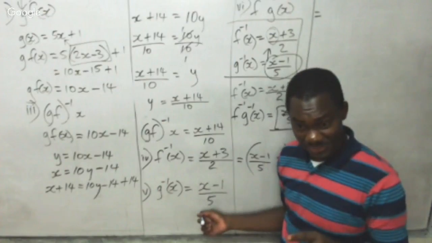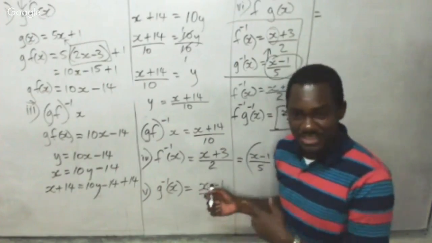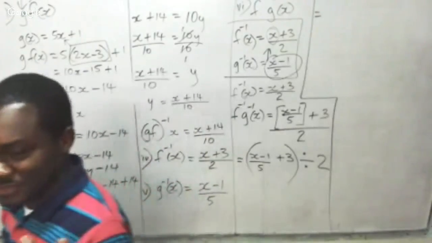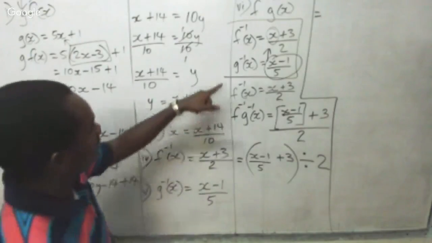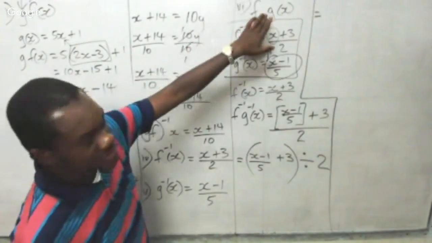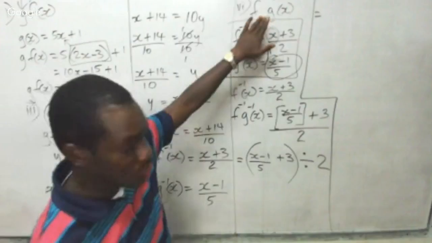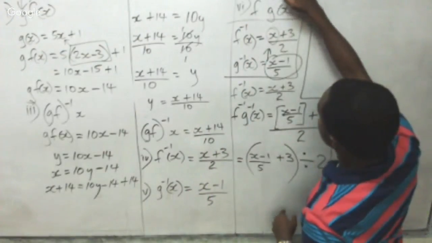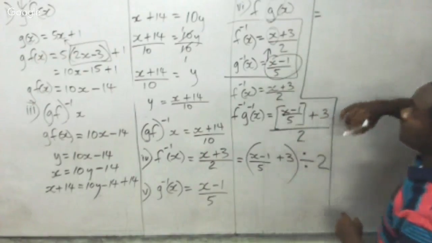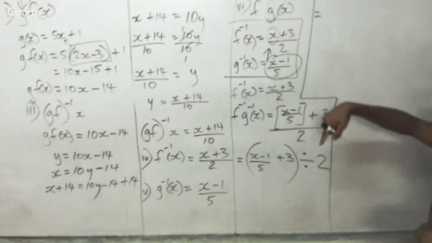You don't define the inverse. If I told you to find the inverse, haven't you been finding inverses for a long time? So I'm saying I want you to work out F inverse of G inverse. And I told you that all we're going to do is take what is on the right. On the right, we have a G inverse. I want to put it into F inverse.